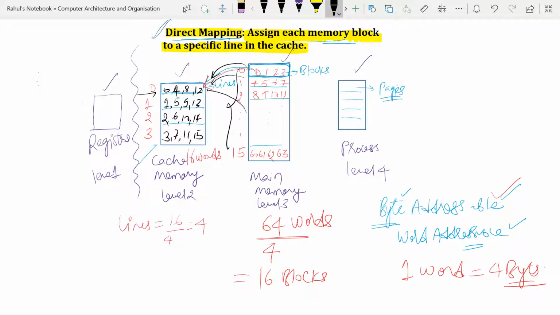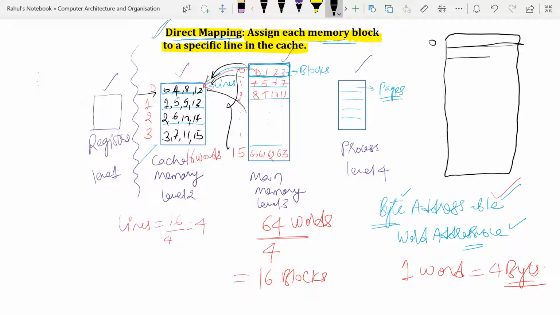Your memory is 16 blocks. Now your memory consists of 16 blocks, 0, 1, 2, 3, 4 and up to 15, right?